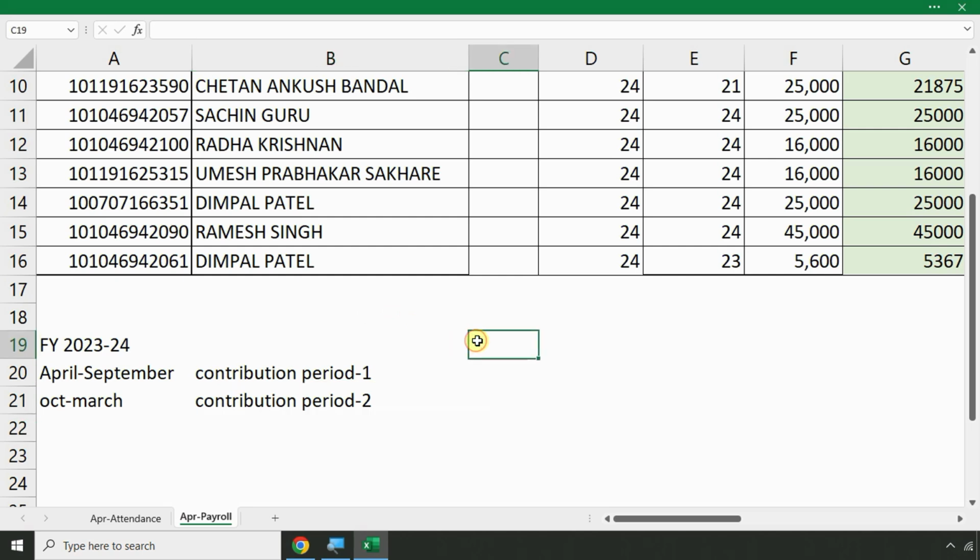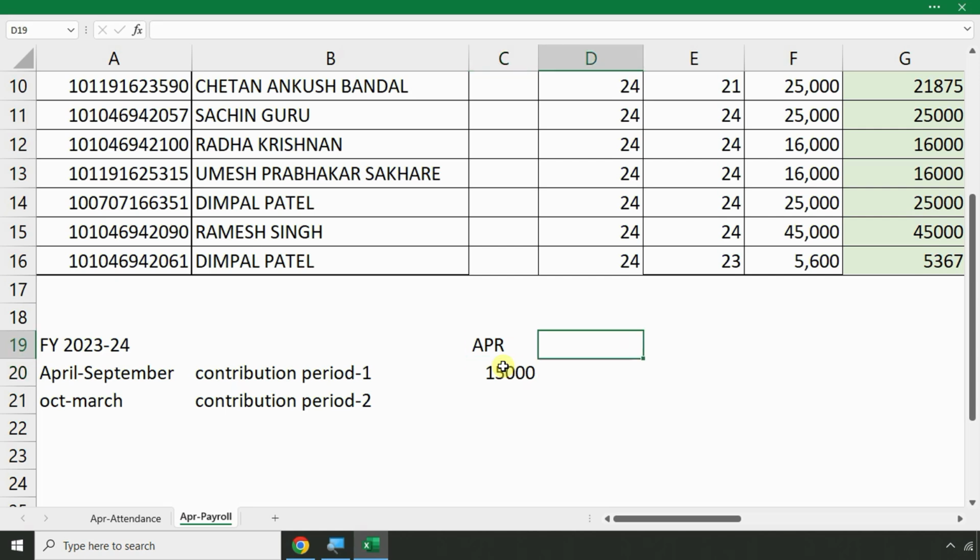Consider in the month of April, an employee's salary was 15,000. Is he eligible for ESI benefits or not? I said basic plus DA plus HRA 15,000. Is the person eligible or not? Eligible. Okay.